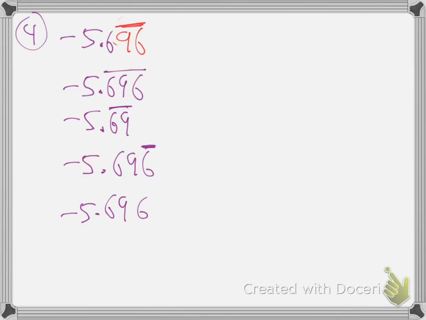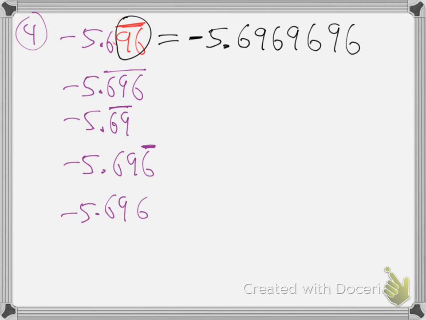Okay, so let's write out what these numbers are. Here would be my suggestion. They're all negative 5. What you should do is just write out maybe 5 or 6 spots and see the pattern. 5.6. Now what's going to repeat is the 9.6. 9.6, 9.6, 9.6. Good enough. Next one, negative 5.696.